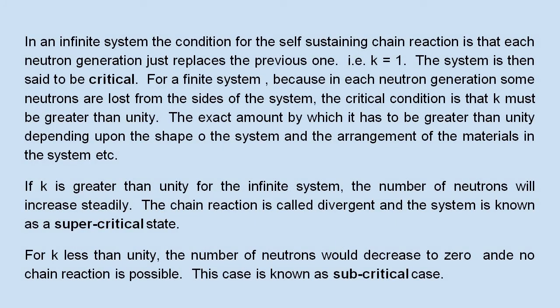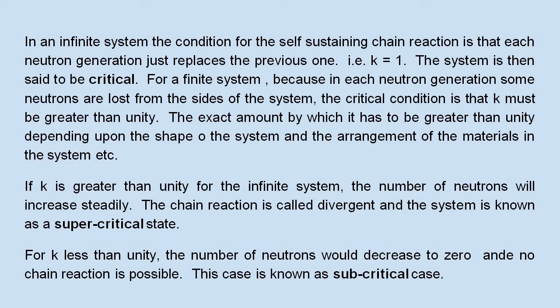In an infinite system, the condition for the self-sustaining chain reaction is that each neutron generation just replaces the previous one. That is K is equal to 1. The system is then said to be critical. So, if one is lost, it must be reproduced.